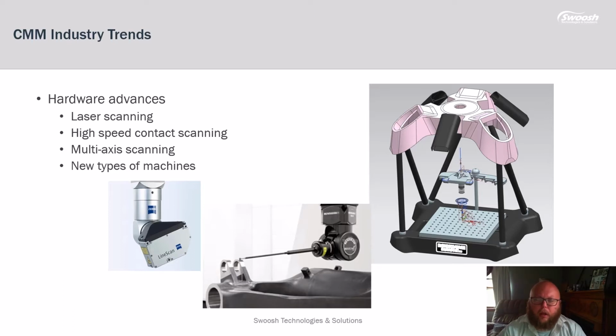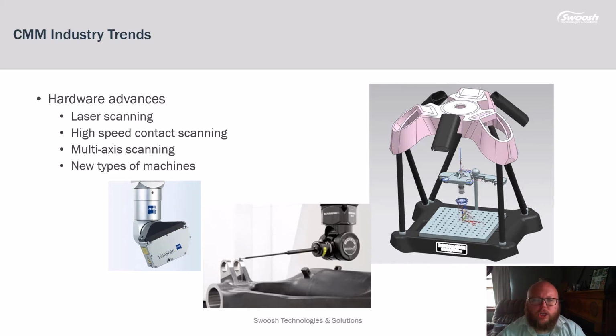But additionally, on your more traditional CMM measurements, we can start using high-speed contact scanning, where we're actually sweeping surfaces or planar regions, things like that. And we can do multi-axis scanning. This will really enable us to measure more features with greater accuracy while utilizing the multi-axis functionality of CMMs.